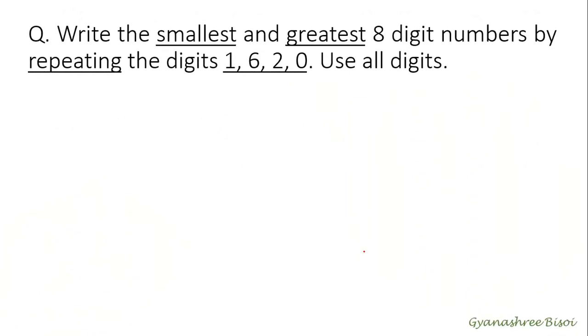Let's take another example. Write the smallest and greatest 8-digit numbers by repeating the digits 1, 6, 2 and 0. Here we have given only 4 digits, but we need to form the smallest and greatest number of 8 digits. That means we will have to repeat digits.